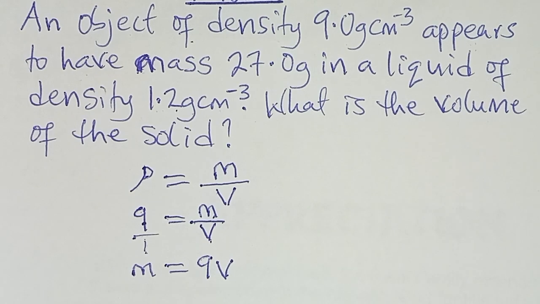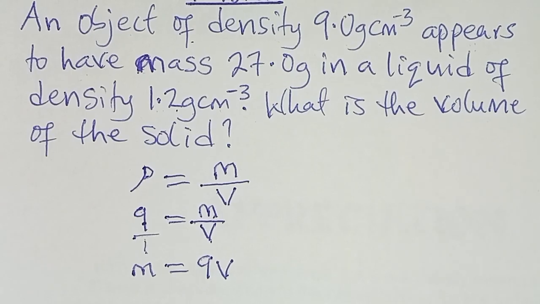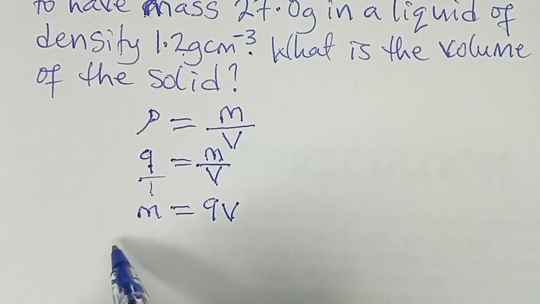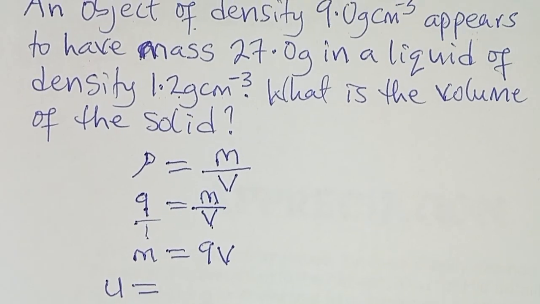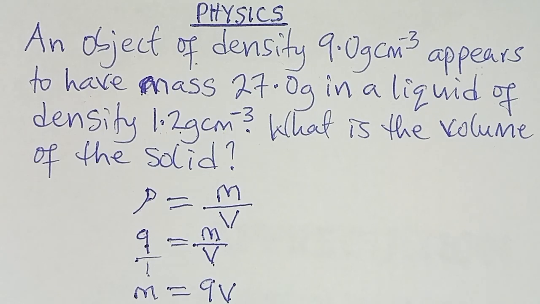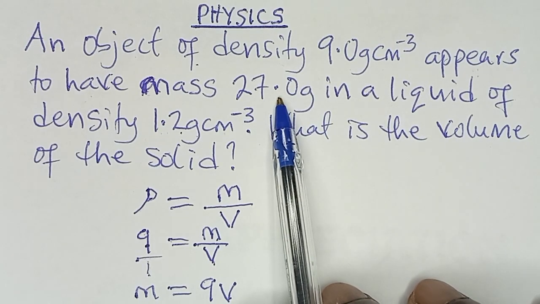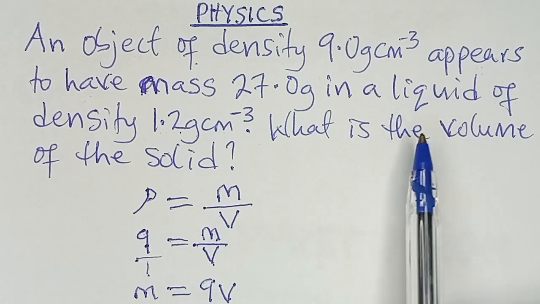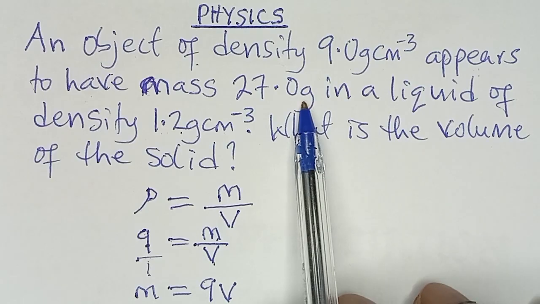So now we can find the upthrust in the liquid. I'm going to use the letter U for upthrust. The upthrust U is equal to the original mass of the object, m, minus its mass in the liquid. Don't forget that formula. Upthrust is the mass of an object in air minus the mass of the object in a liquid.